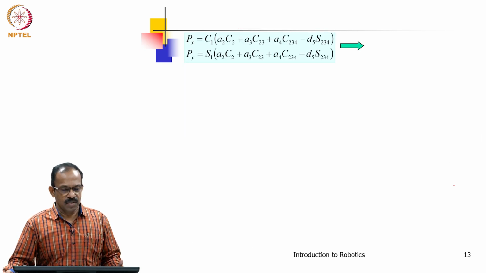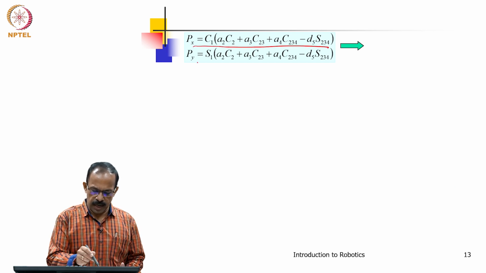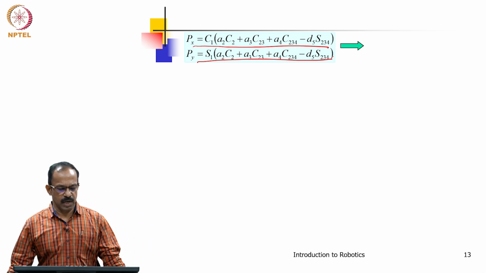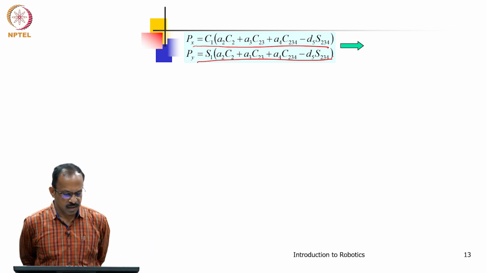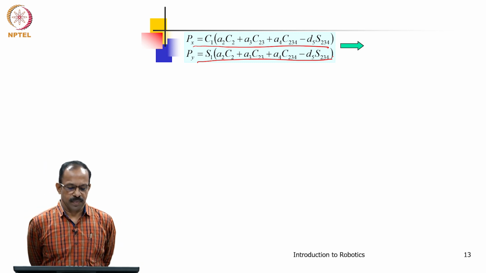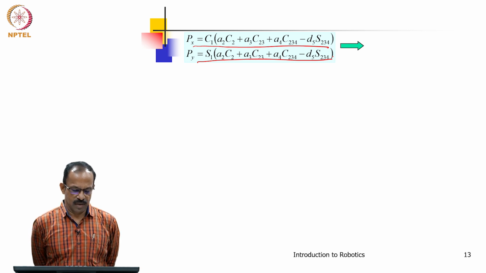So, we will take the first two equations. We see that Px is this and Py is this. Now, looking at these equations, we will be able to see something can be done to solve it. What is the thing that we can do? How can we write Px?